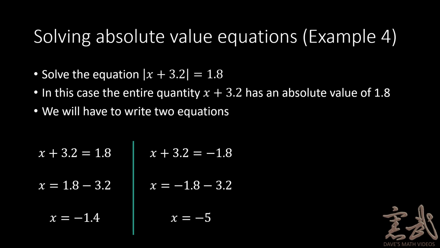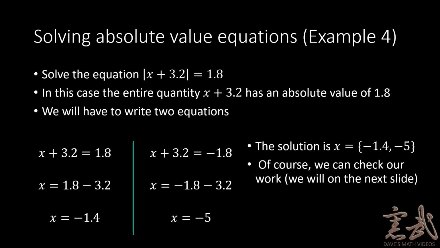So negative 1.8 minus 3.2 is equal to negative 5. The solution for x is x could be negative 1.4 or negative 5. Of course, we can always check our solutions, and we will do so on the next slide.